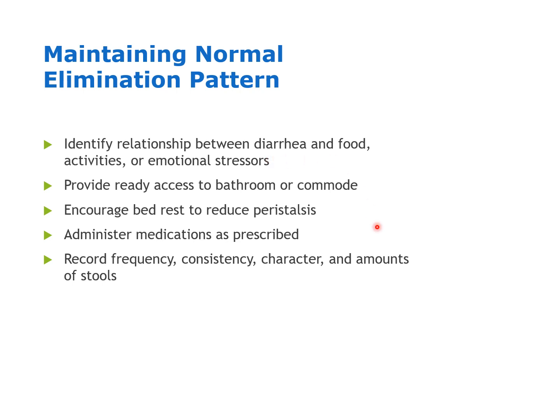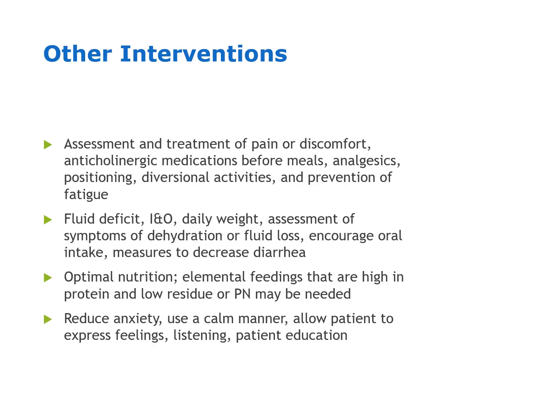So this is where all of that comes into play. Okay. Giving medications as needed, monitoring your intake and output, giving maybe parenteral nutrition if needed, reducing anxiety. All of this comes into play as well. So make sure you're reading all of these page by page. I'm trying not to have the audio be too long, but I think you're good here.